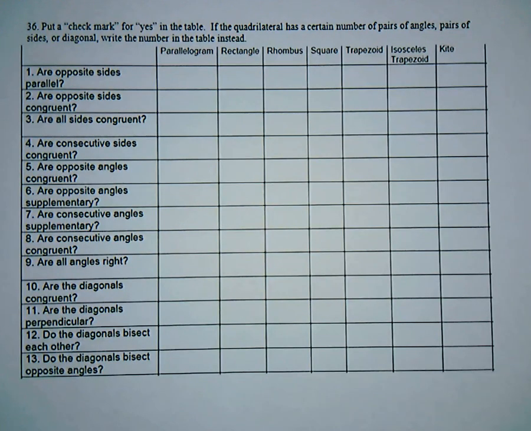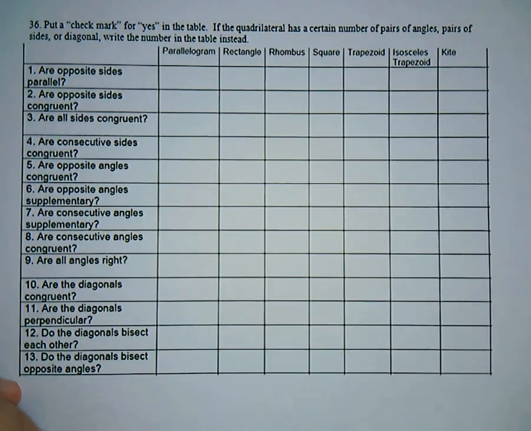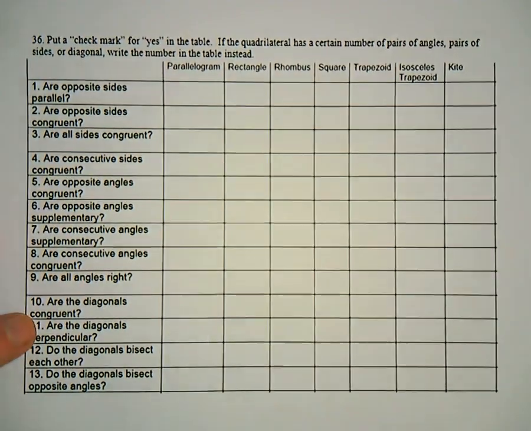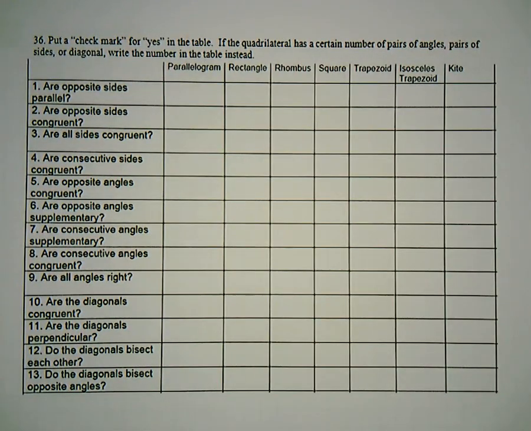Write the number in the table instead. Okay, so this is basically a lot of vocabulary here. So we're going to do a little bit of drawing, and this will help us think about what's happening with our different shapes here. And then we'll just go down the line.